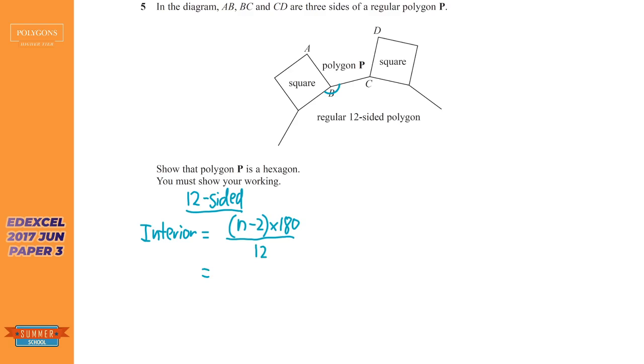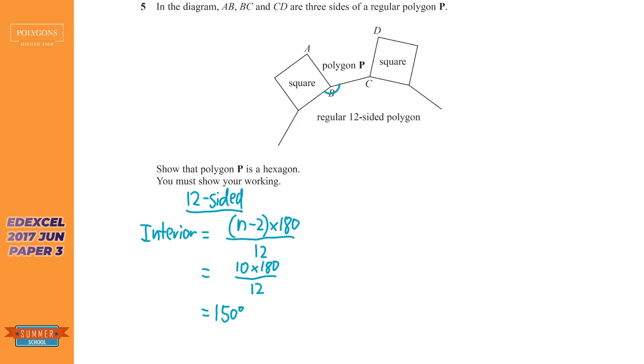So 12 take away 2 is 10, and get my calculator out. So 10 times 180, obviously 1800, divided by 12 would be 150. So that's that part done.